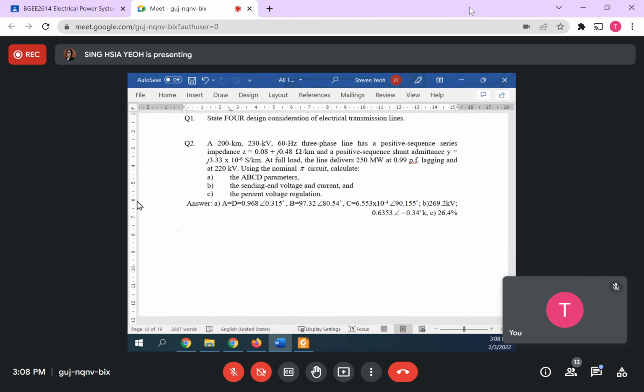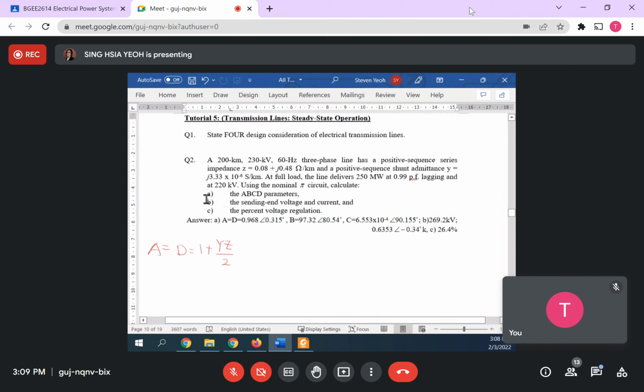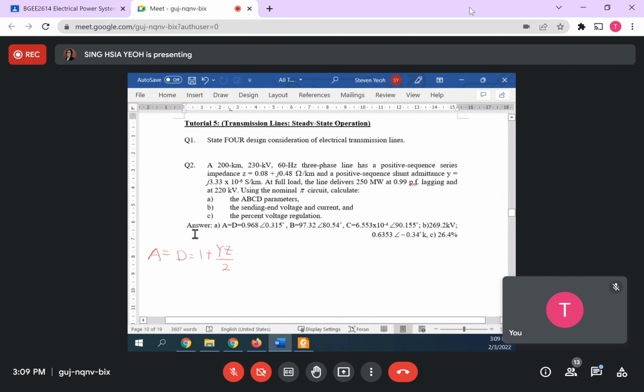Okay. Where are we? So A equals D equals 1 plus YZ over 2. So this is the equation, a fixed equation already. So you just need to use this equation for a 200 km medium line.